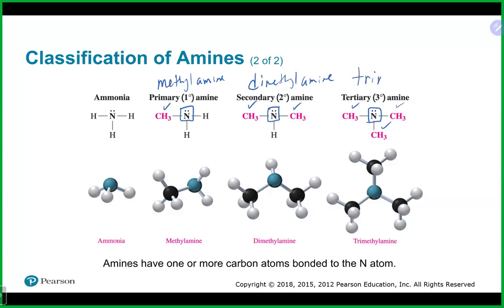So this would be trimethyl. And once again, here we're just going to put amine at the end of it. So naming these amines, basically we're going to name them by common name and go by the groups that are attached to the nitrogen. Just like normal, if there were different groups, we would go alphabetical order for the groups, regardless of prefix. So we wouldn't look at the prefix, we go alphabetical order for the groups and just put amine at the end of the name.